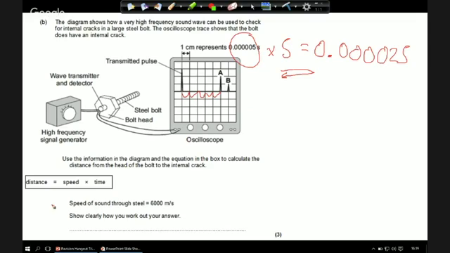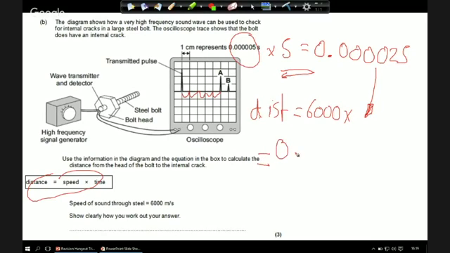Now for the distance, we're going to use this equation down here. So my distance is going to be my speed, which is 6,000, times by this answer up here. Okay, now that's going to give me an answer of the distance being 0.15 meters.